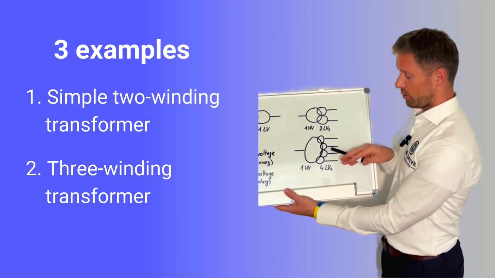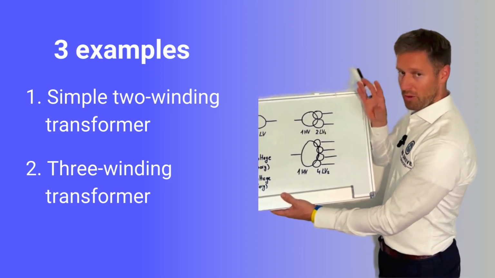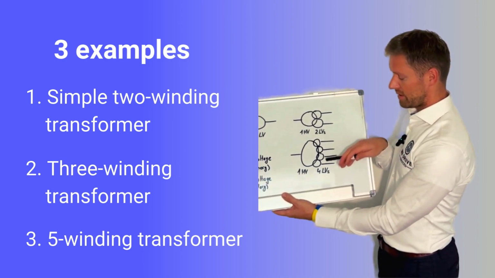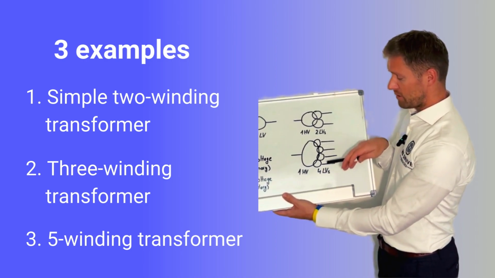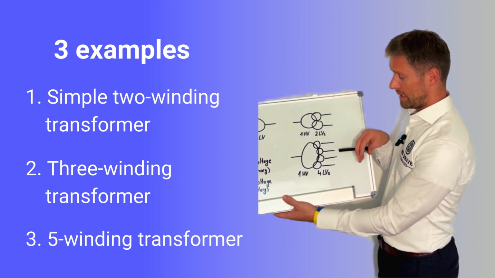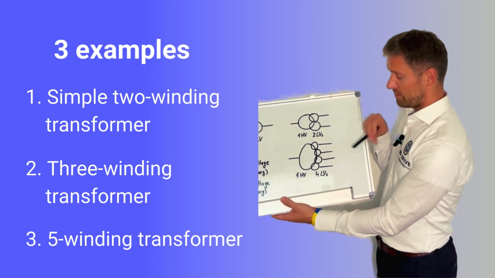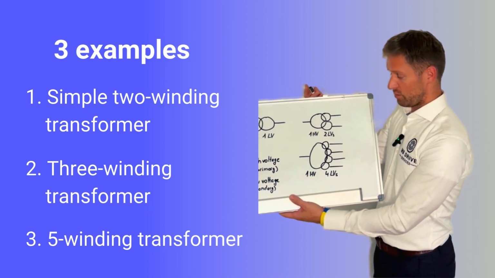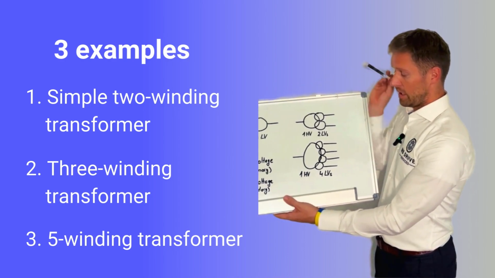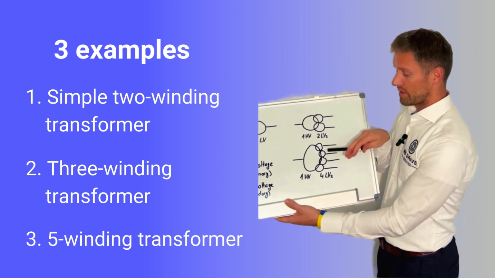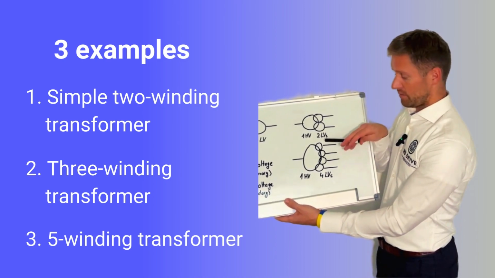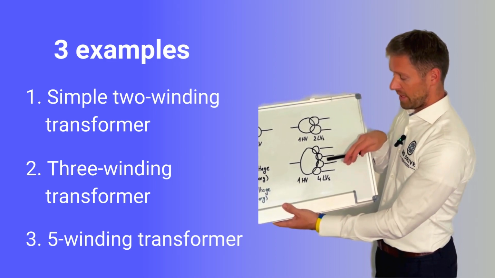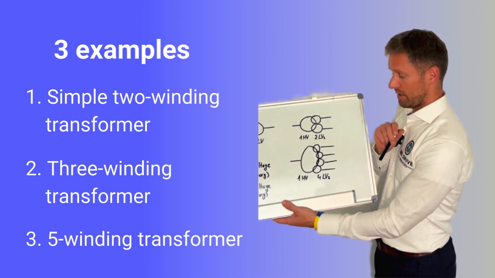Or we can have even more windings, like here we have a so-called 5-winding transformer with 4 secondary windings, LV1 to LV4, and they have a corresponding phase shift, and this is where this winding connection or vector group comes into the picture: how we describe this transformer in terms of the winding connection of each winding and the relative phase shift between them.